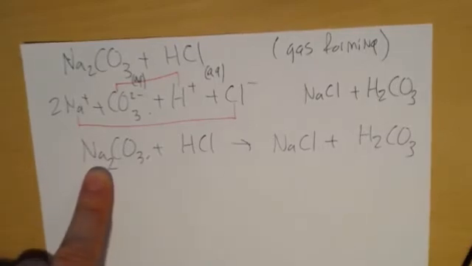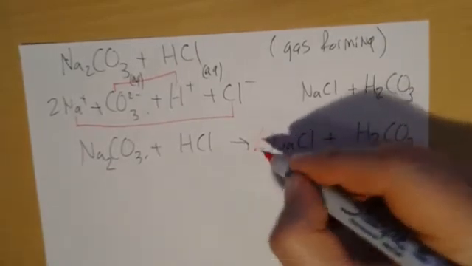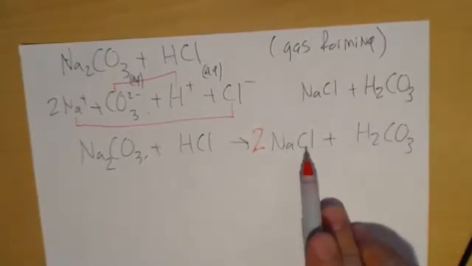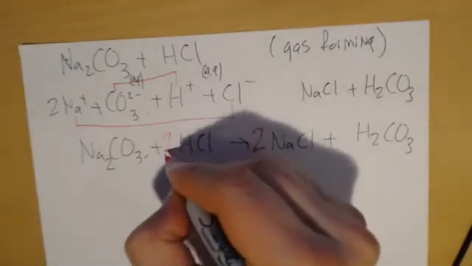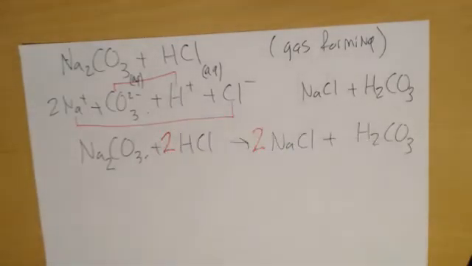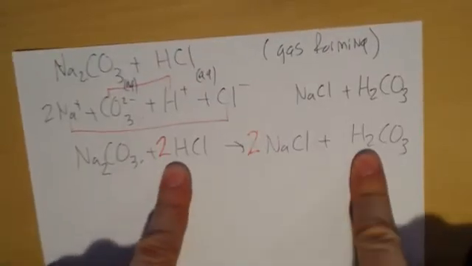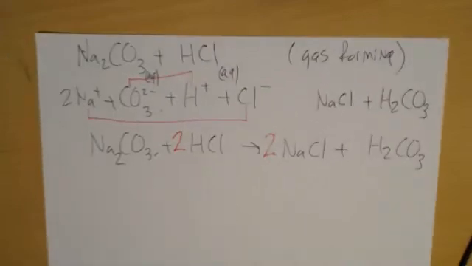So I'm going to have to put a 2 here, which changes the number of chlorides to 2. So now I'm going to have to put a 2 here, which gives me 2 hydrogens, and I have 2 hydrogens. How nice. So this is actually balanced.